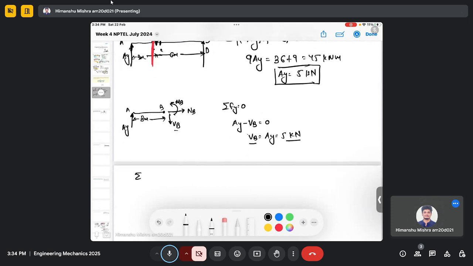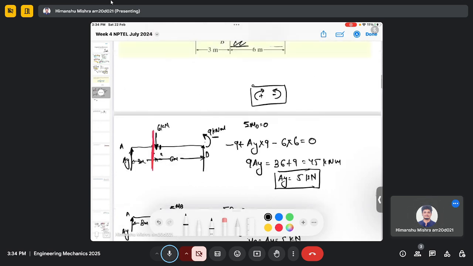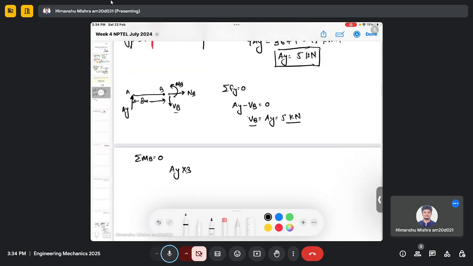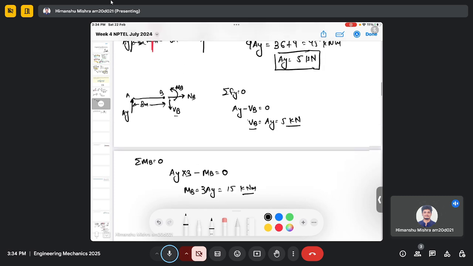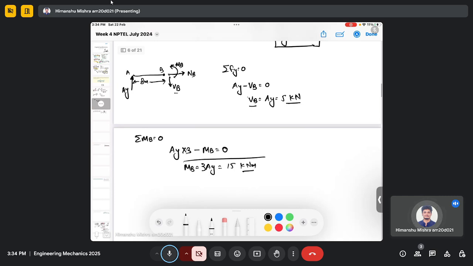And if I take the moment along point B, I will have AY multiply 3, following this sign convention, minus MB equals 0. So this will be MB equals 3 AY, which is 15 kilonewton meter. So moment at point B is 15 kilonewton meter and shear force at the same point is 5 kilonewton.